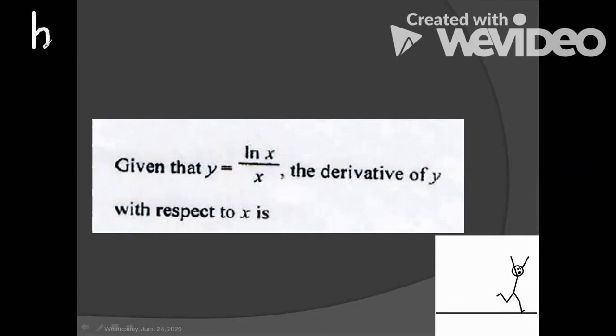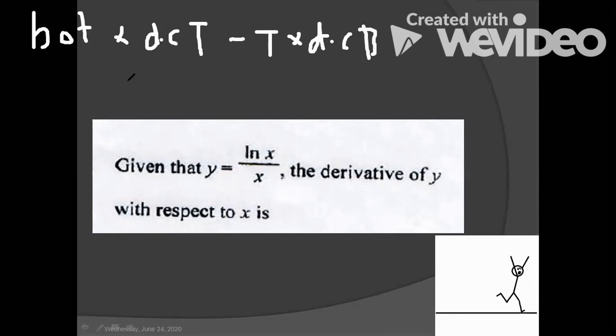This is the quotient rule: bottom times the differential of the top, subtract top times the differential of the bottom, all over bottom squared.